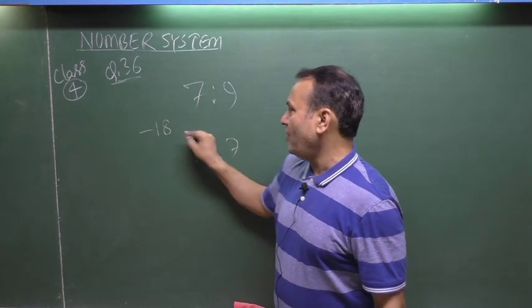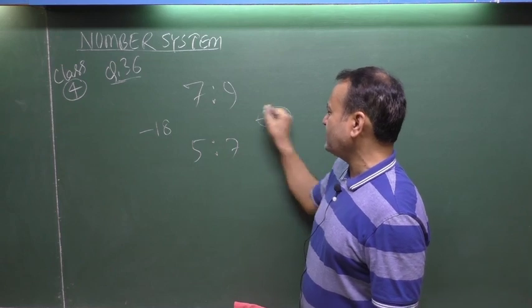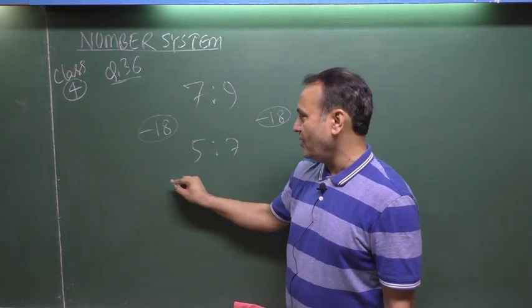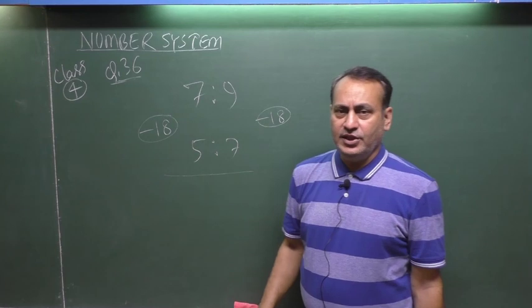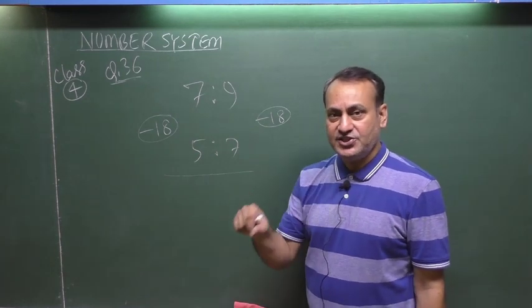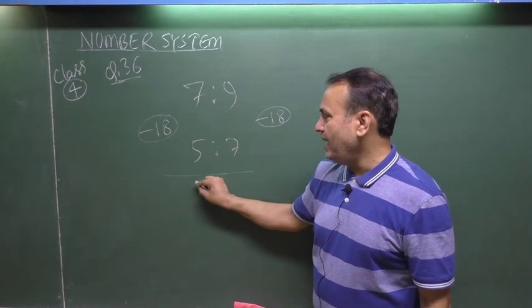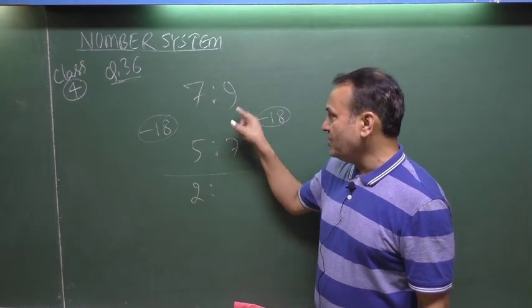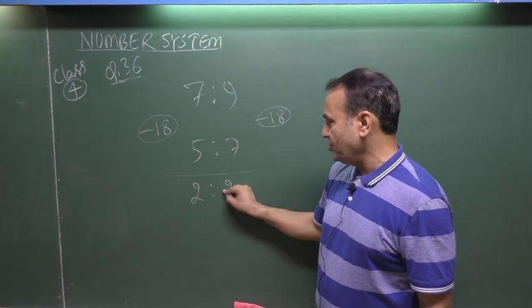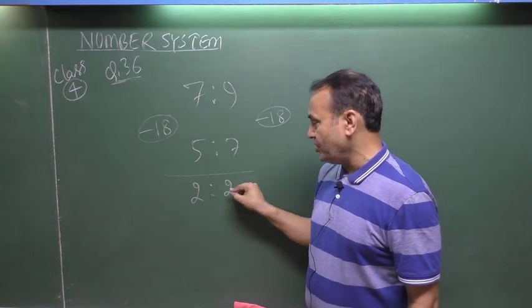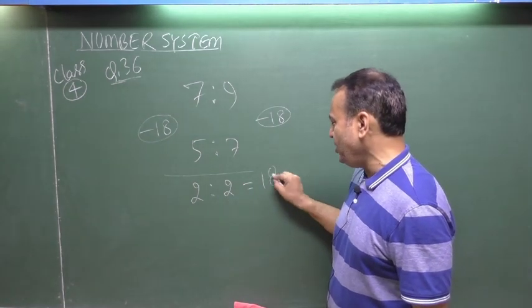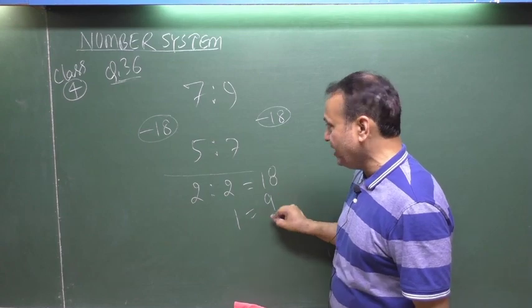After subtraction of 18 from both the numbers, the ratio 7:9 changed to ratio 5:7. That means 7 became 5, a 2 unit decrement, 9 became 7, a 2 unit decrement. That means a 2 unit decrement is equal to 18 and 1 unit equals 9.